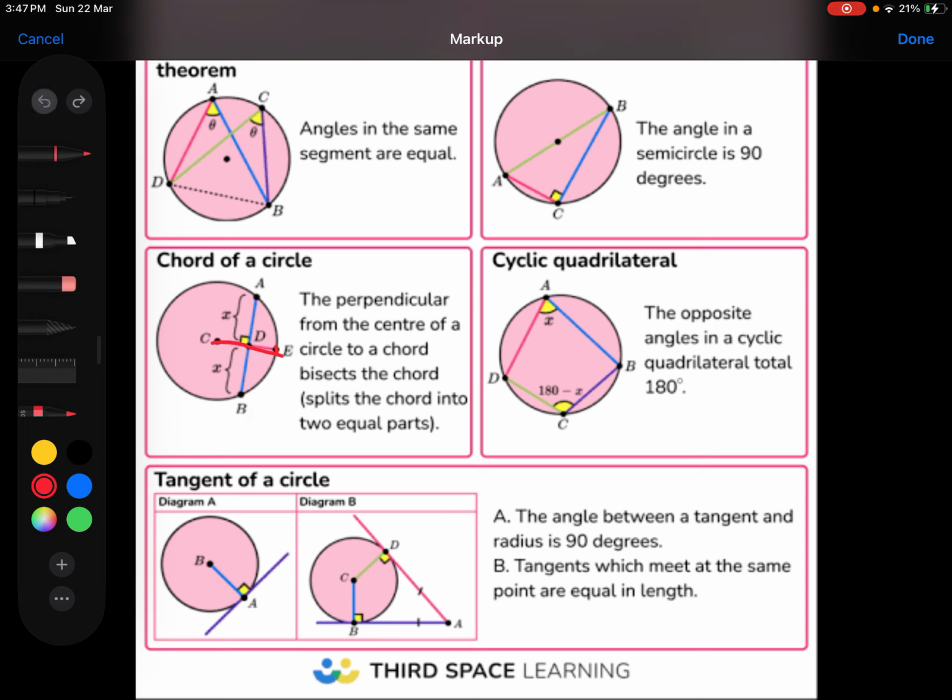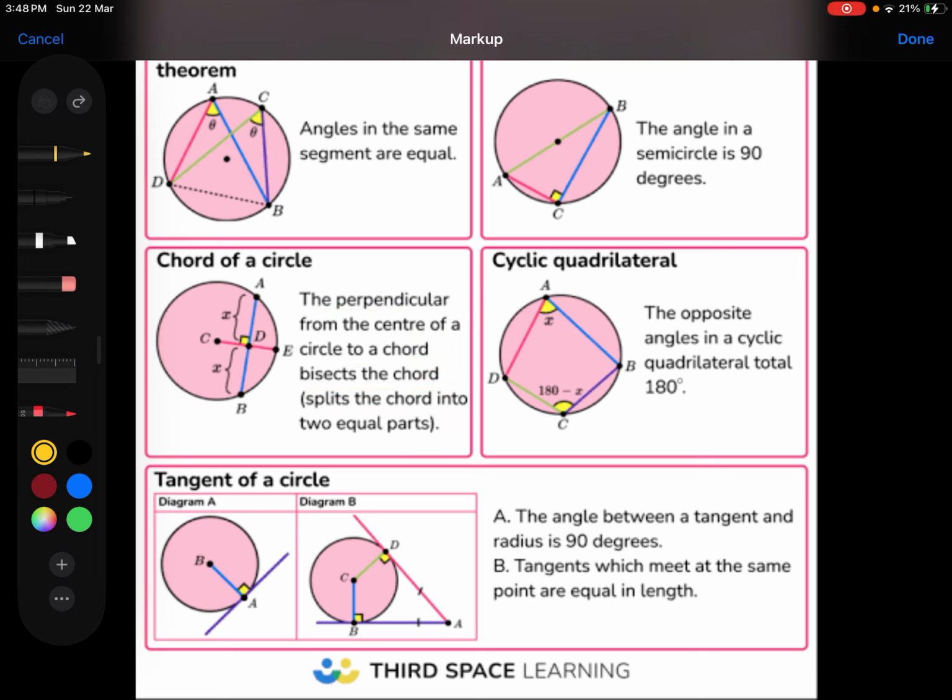And we can also do the opposite: if these two are equal, this is a 90 degree angle. So that is the perpendicular from the centre of a circle to a chord bisects the chord, splitting the chord into two equal parts. That is the thing that we just explained.